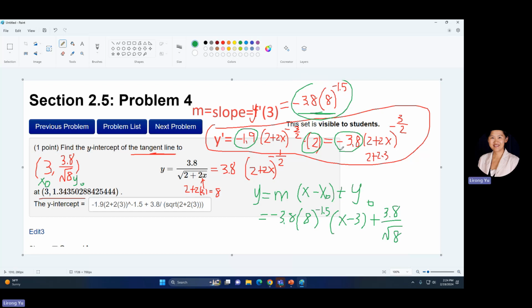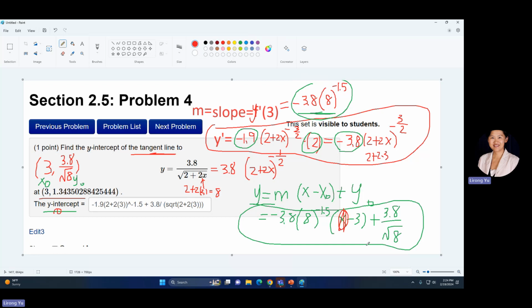So that was the tangent line equation, because the question asked for the y-intercept, meaning that we are making x equal to 0. So if this is your tangent line equation, but you only want the y-intercept, you're going to replace x with 0, and that will be the y-intercept.